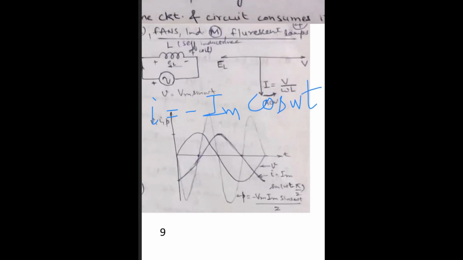Now if we multiply the instantaneous voltage and current, it becomes minus Vm Im sin omega t cos omega t. But the formula for sin 2 theta is 2 sin theta cos theta, so it is replaced by minus Vm Im sin 2 omega t by 2.